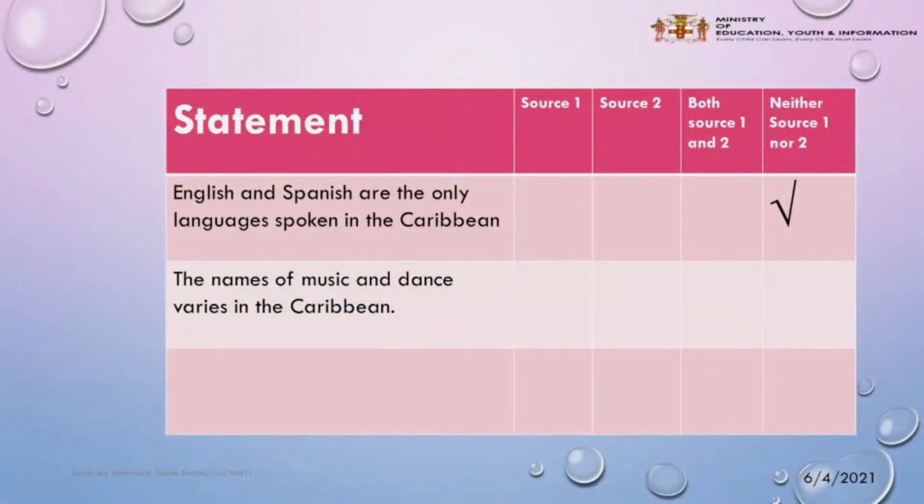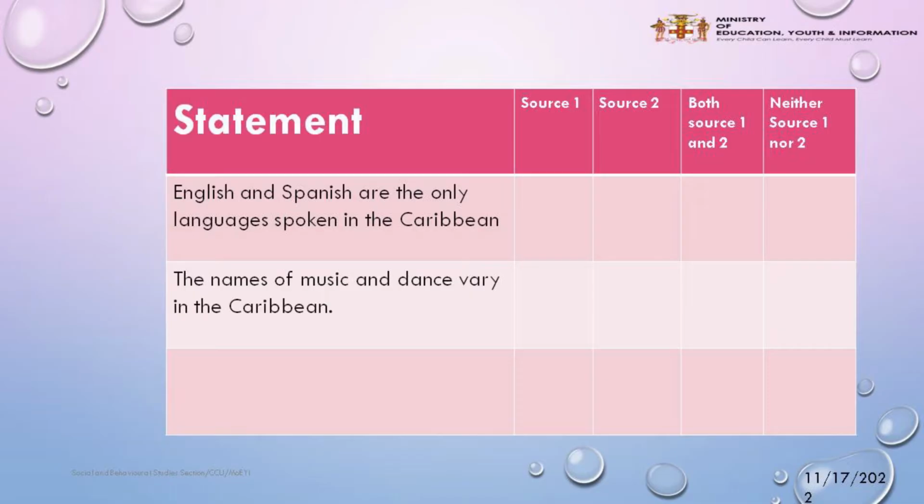Okay, boys and girls, now that we have written our main points, we will now move to the next section of the performance task, where we will answer some questions. Now, these will be a set of 3 statements. After reading each statement carefully, we will be asked to indicate with a check or a tick whether the statement is supported by the sources we have just read or it doesn't support the sources at all.